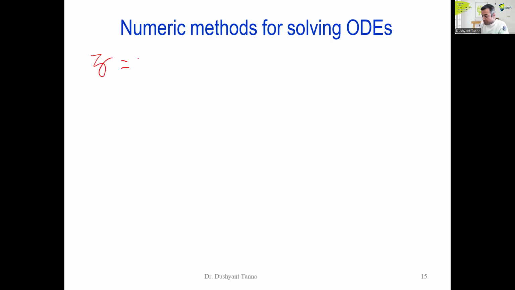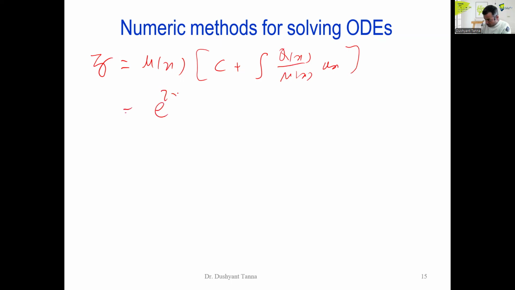So z, which is 1 over mu times the bracket C plus integration of mu Q(x). You plug in everything, mu, which is e raised to 2x, c plus integration of q, which is negative 4x, times mu inverse, which is e raised to negative 2x dx.